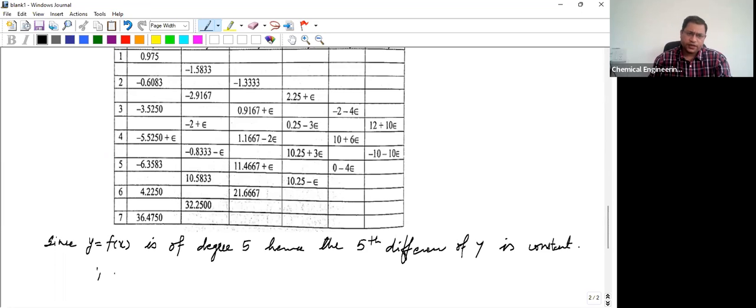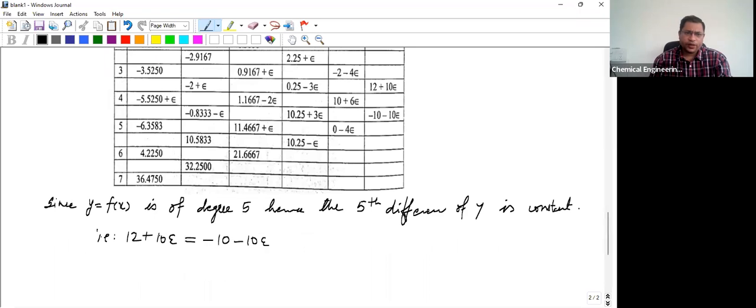Okay, so that is what you can say: 12 plus 10 epsilon is the same as minus 10 epsilon. Okay, so what we get here, we can have this epsilon on the other hand side, and this 12 on the other hand side.